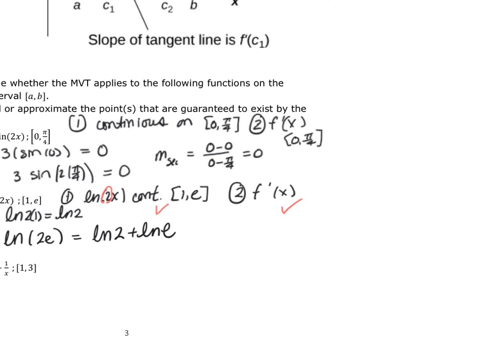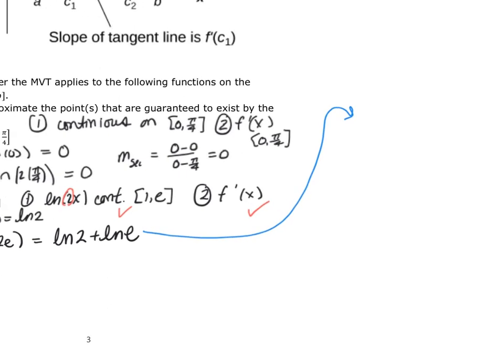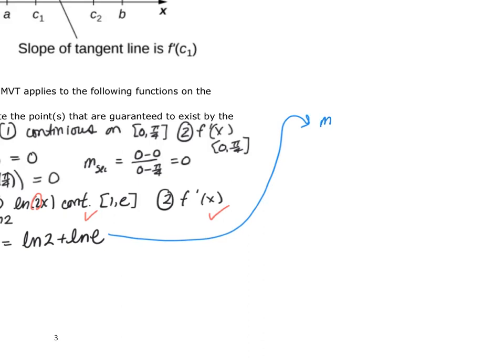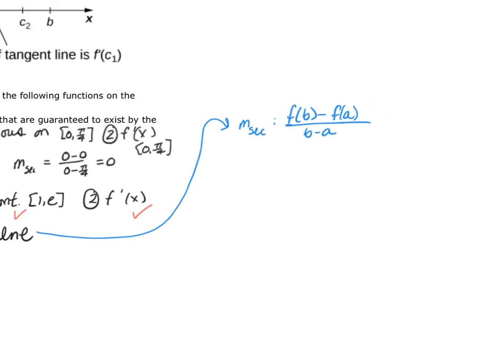So now I'm going to use the mean value theorem, which states that the slope of my secant, which is f of b minus f of a over b minus a, must be equal to some f prime of c. So I'm going to find the slope of the secant, and that will give me the opportunity to find what c is.